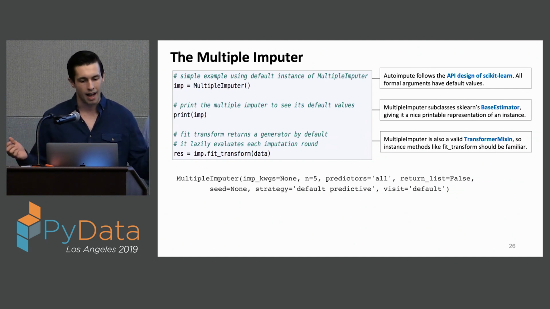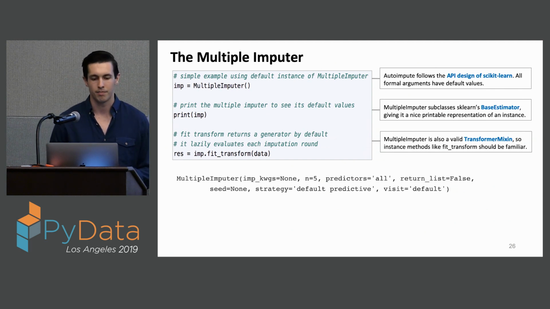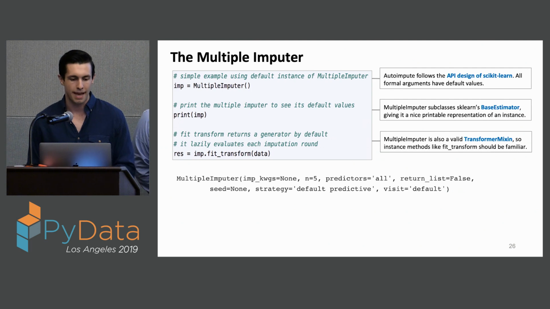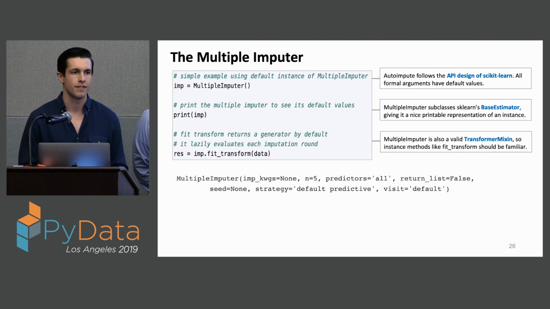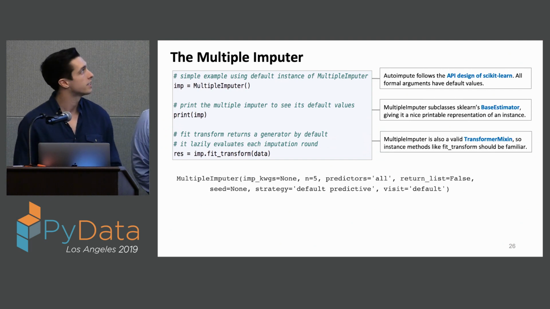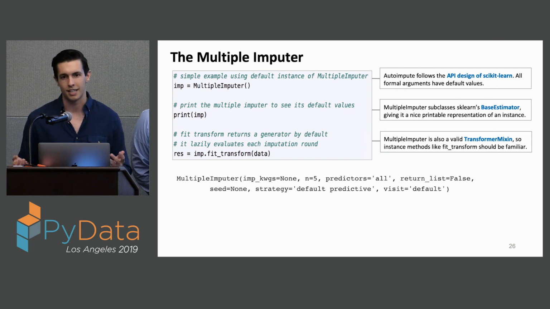All of the formal arguments have default values. When we print the imputer, we leverage the base estimator from scikit-learn to have a good representation of the class object, right? And then it also subclasses the transformer mixin. So the methods of the class should be familiar, right? Fit, transform, and fit_transform. And so it follows a very easy, intuitive design so that you can start leveraging it as soon as possible.